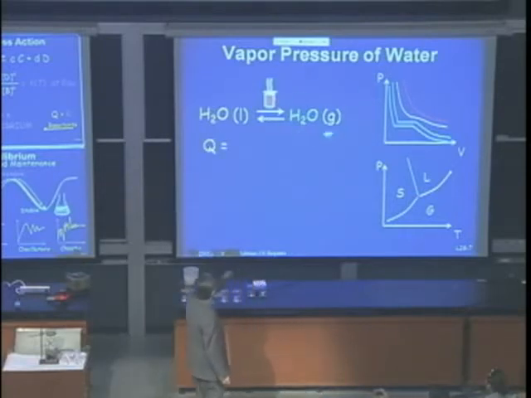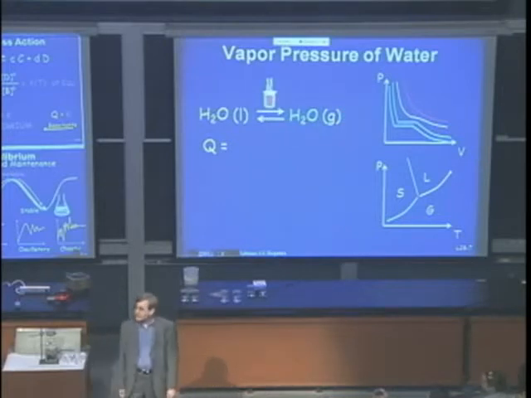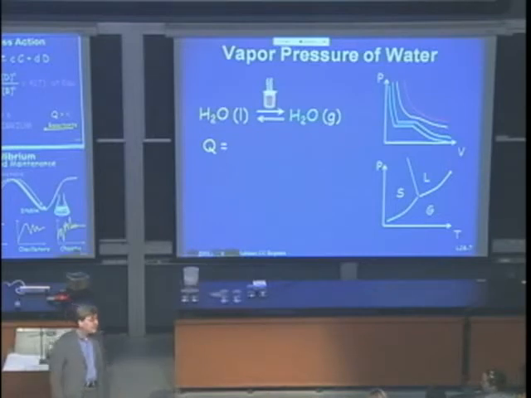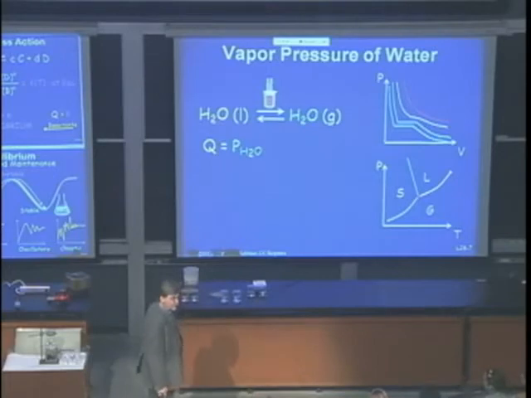We take that concentration. What would that be? It's a gas. What would we have to put in there? What would be the concentration of a gas? That would be some pressure, wouldn't it? Yeah. It would be the partial pressure of water above the solution.